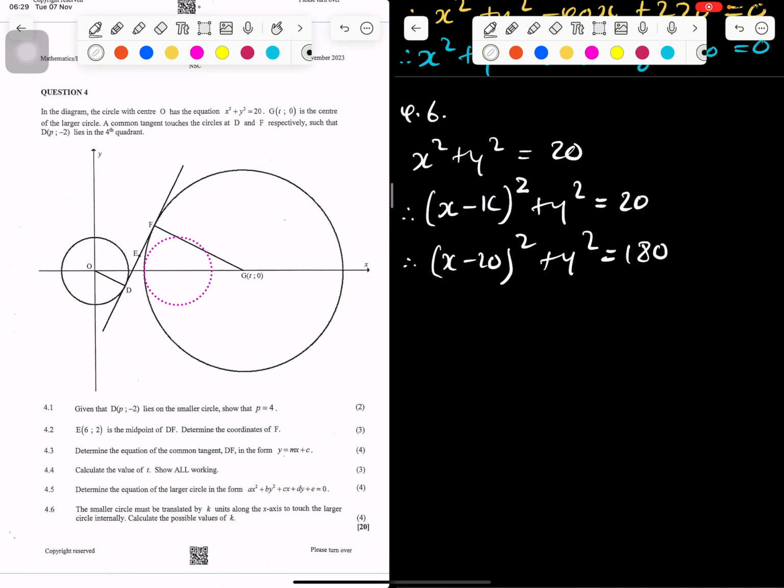Now, they are basically testing you on the knowledge of internal circles. By that we mean, beautiful people, the distance between the two circles.